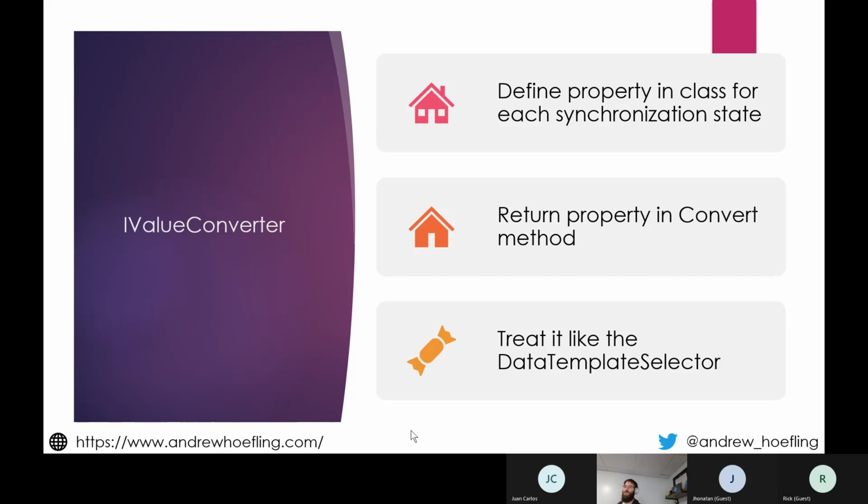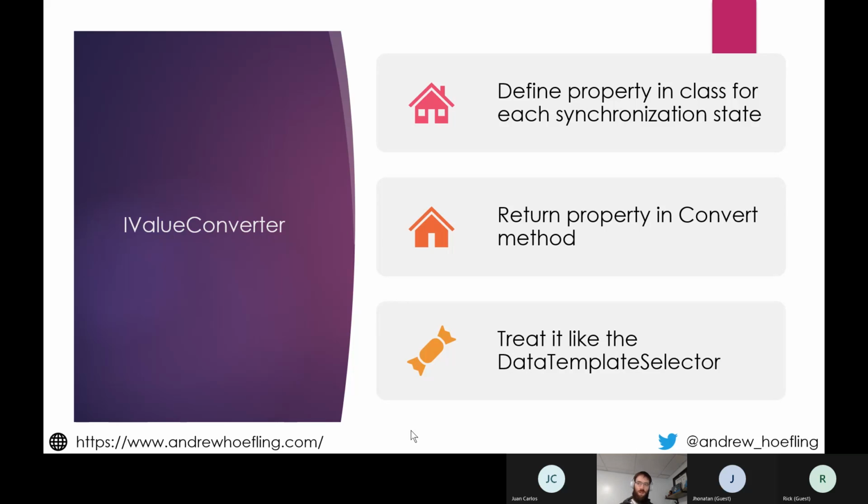So let's talk a little bit about the IValueConverter. If you've ever done a data template selector for a list view, collection view, or carousel view, the concept's very similar. In a data template selector, you might have a couple different data templates that you have pre-programmed in your XAML or what have you, and the selector goes through and picks the correct one.